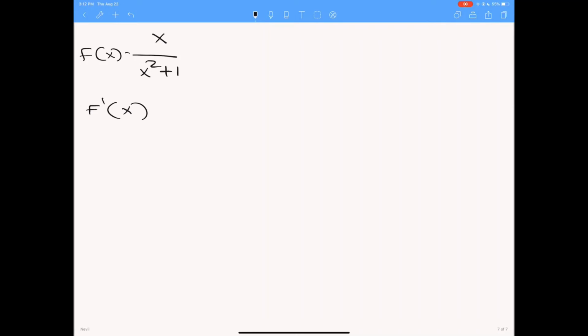I'm just going to rewrite that. So you're taking the denominator to the top, x squared plus 1, times the derivative of x, which is 1, minus, you're doing the opposite, you're taking the numerator, which is x, times the derivative of the bottom, which is the denominator.